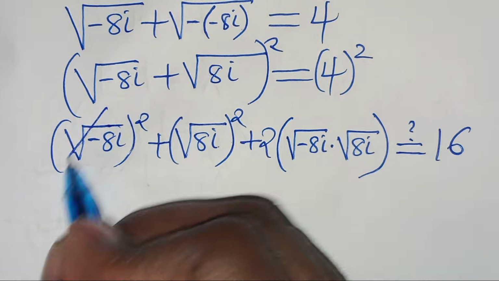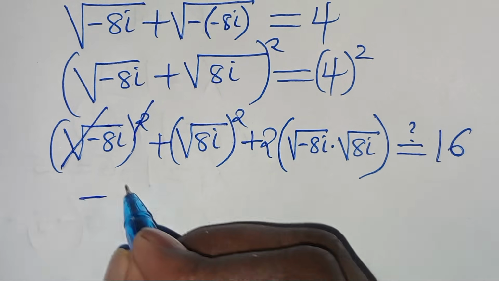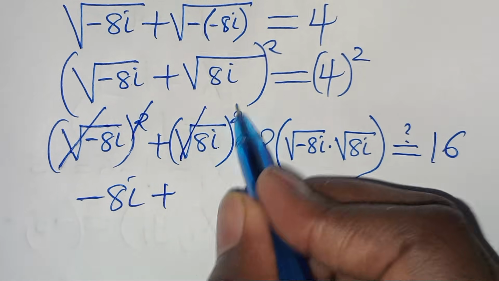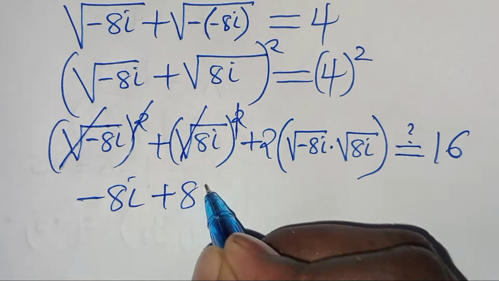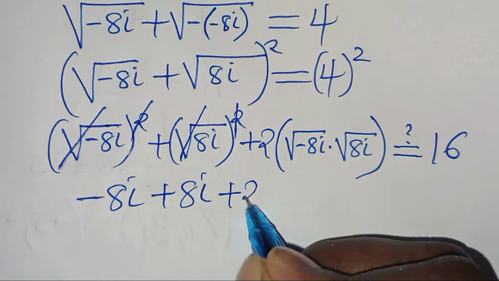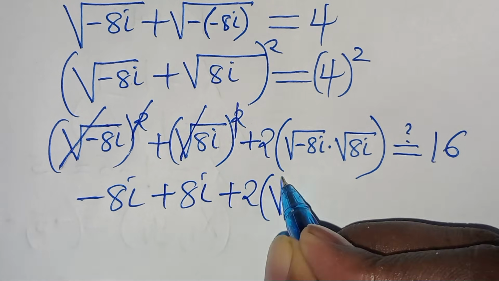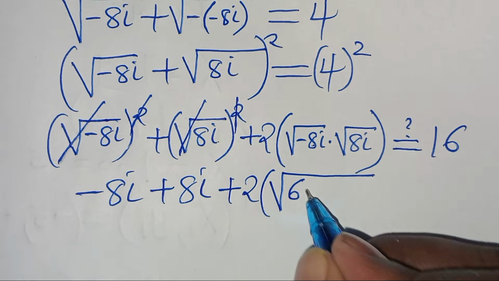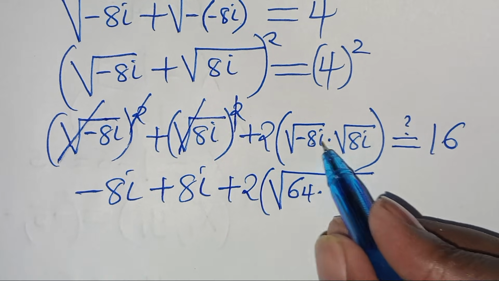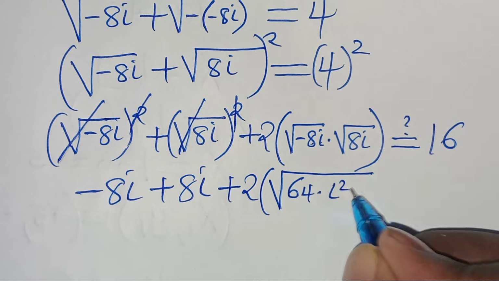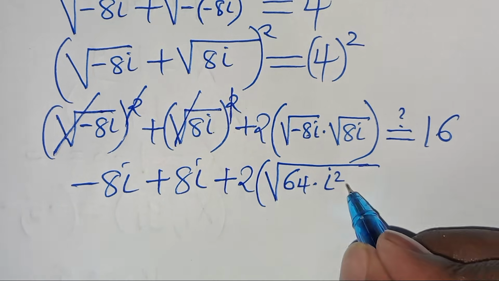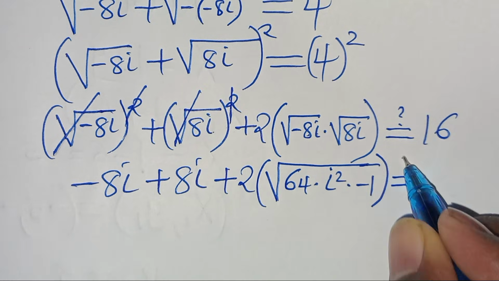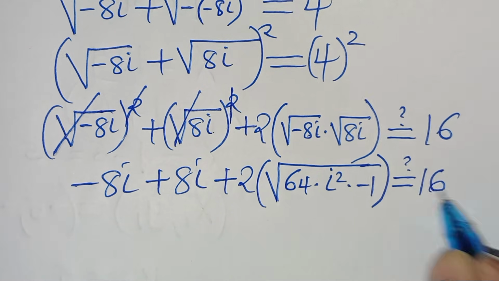So let's eliminate the square root sign here. It is minus 8i, then plus, again eliminating the square root sign, plus 8i, then plus 2 in the parentheses, the square root of 8 times 8, which is 64, times i, this is i squared, then times negative 1, close the parentheses. This should be equal to 16.